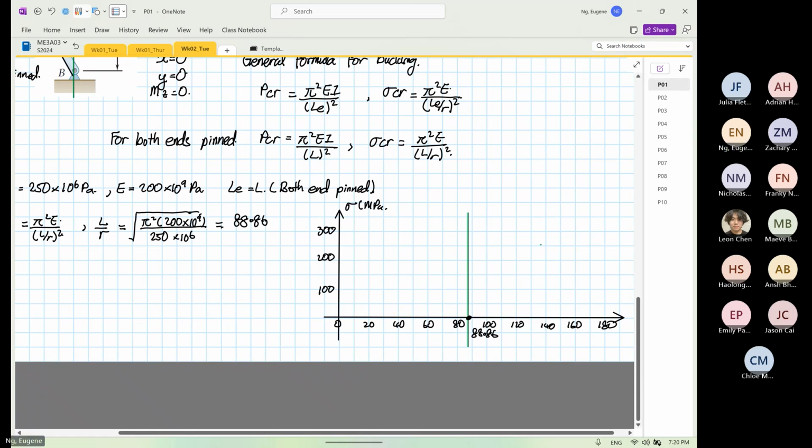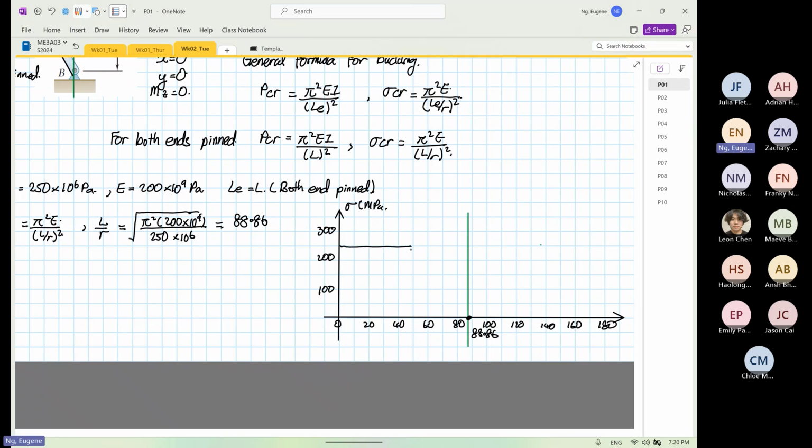At this point, okay. So what it means, if it's less than 88.86, we all remember, we use this side, the structure will not buckle.